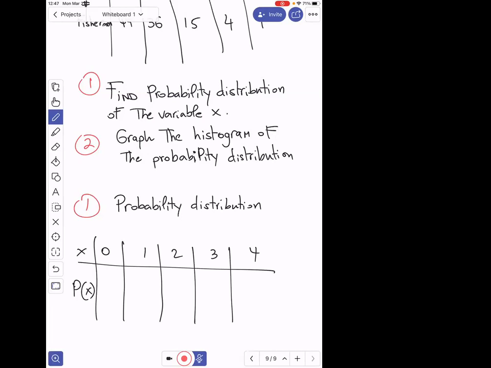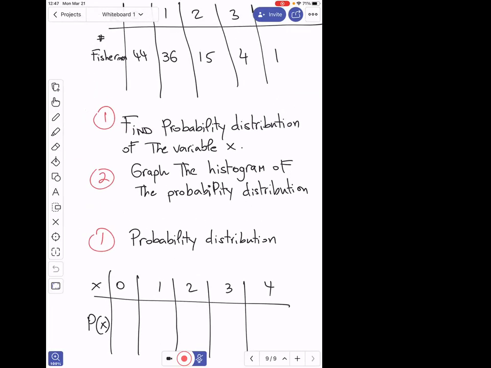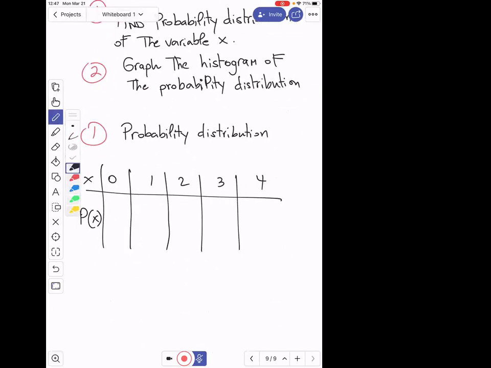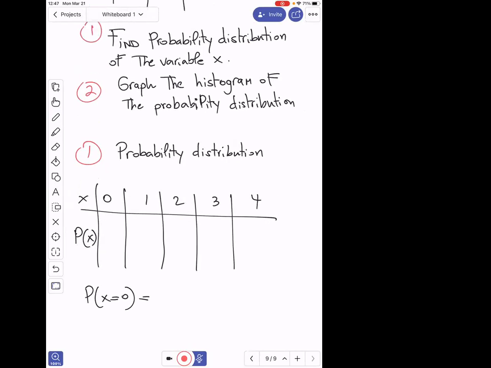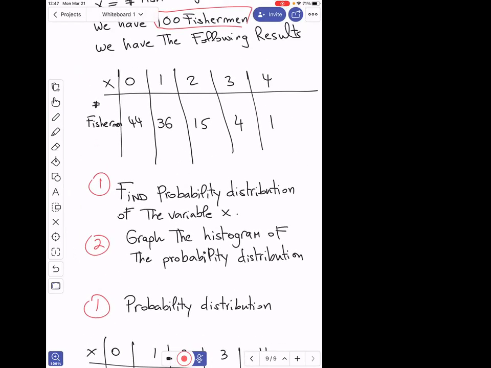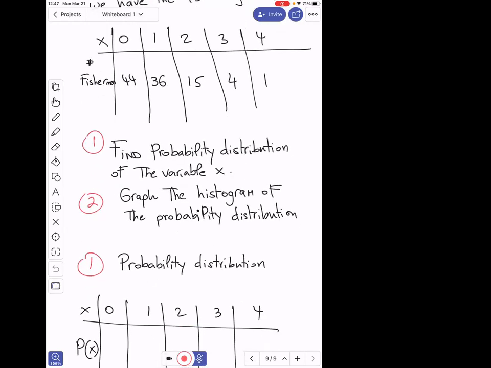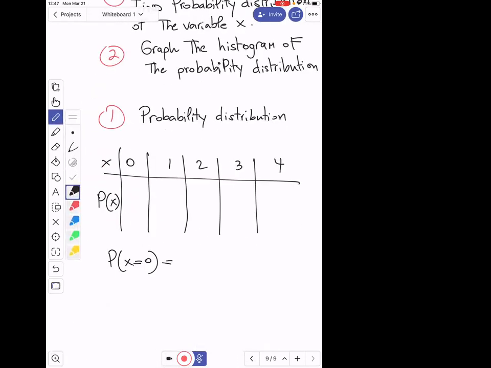So to find the probability of X, for example, probability of X equals 0, you count how many fishermen caught 0 fish in this 6-hour period. So we have 44 fishermen out of the 100, right?